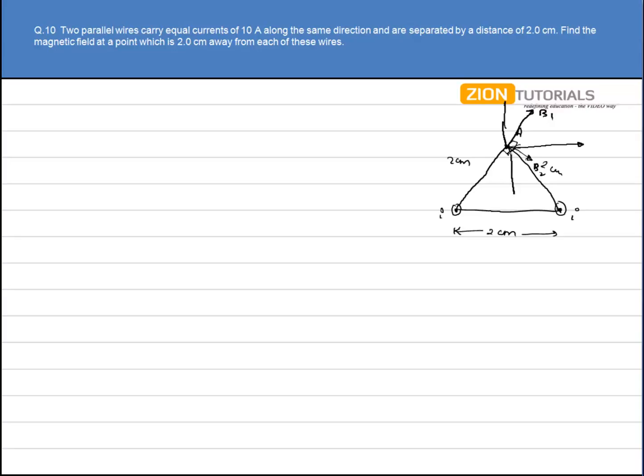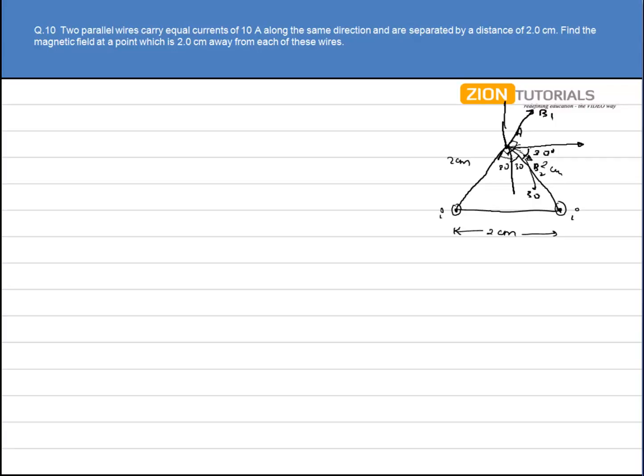Now first of all, this angle is 30, this angle is 30, this angle is 30. And I have to calculate this angle. This complete angle, that is this to this, is 120 degree. So 120 minus 90 gives me 30 degree again.